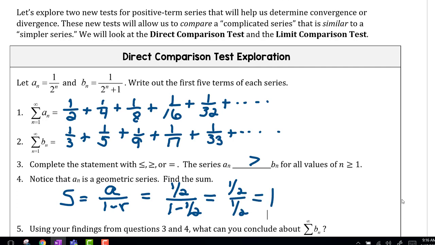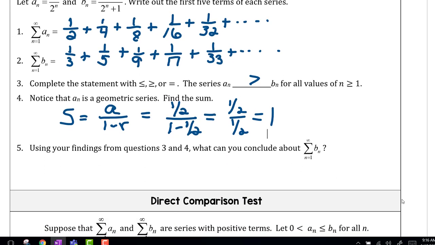With that, we can conclude that the summation of b sub n from 1 to infinity is less than the summation of a sub n from 1 to infinity.